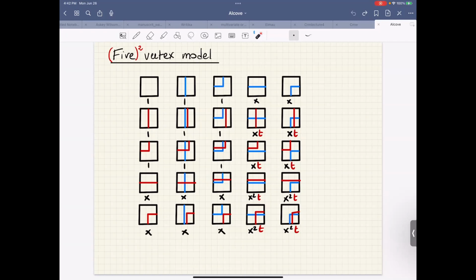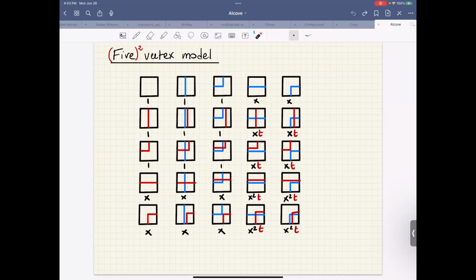So whenever blue exits to the right, it gets a T if red is present. Whatever red does, whether it turns right, goes straight, or goes up, I always get a T power. So that's my rule.